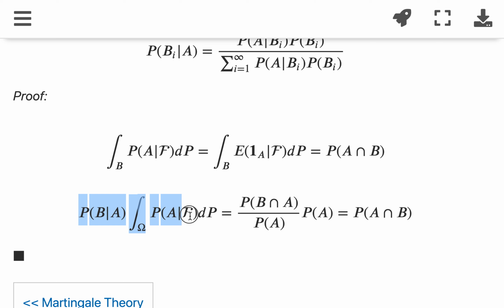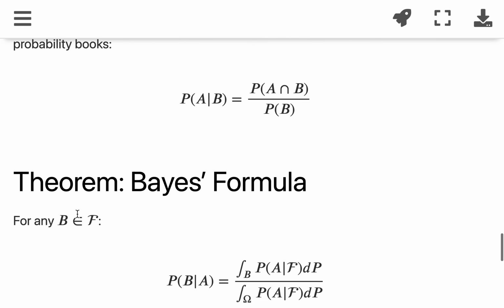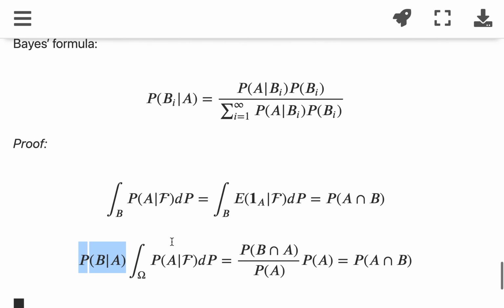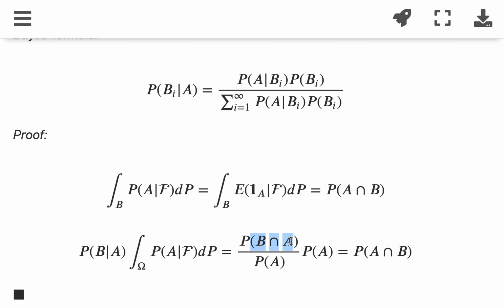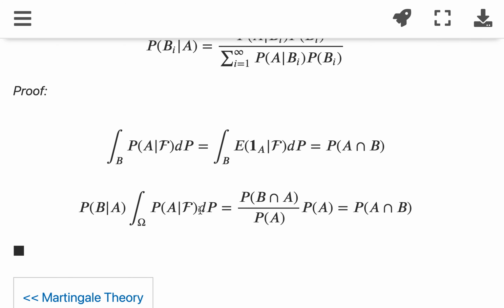And so the multiplication of these two is by definition what we just saw here. P(B given A) is just P(B intersect A) divided by P(A), and this one, by the definition of conditional expectation, the inside of that is just the indicator.